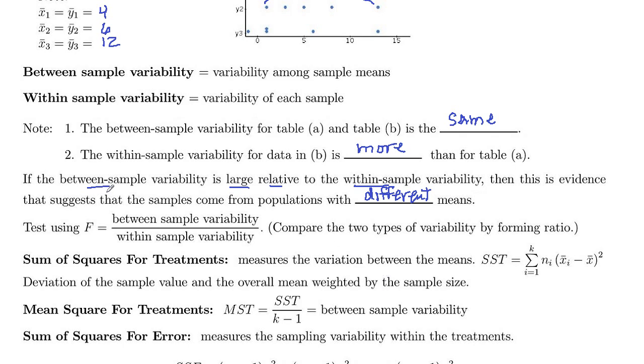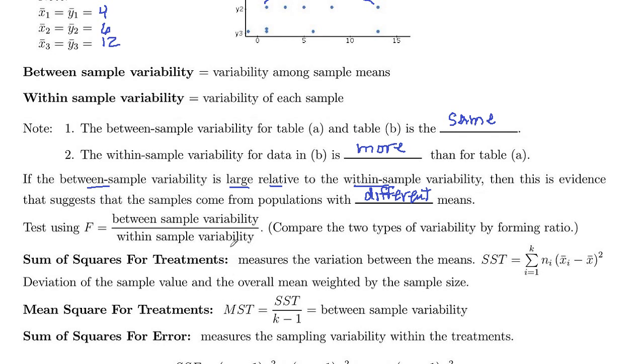However, if your between sample variability is small relative to within sample variability, then they probably come from populations with the same means. And then our F statistic is the ratio of between sample variability to within sample variability. So we're comparing those two types of variation and then forming a ratio.